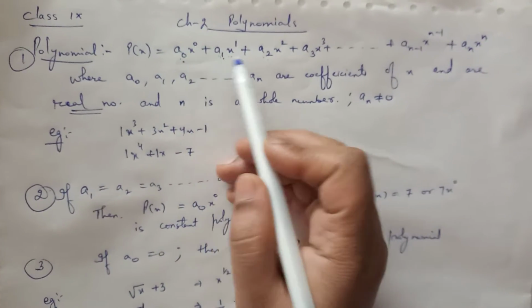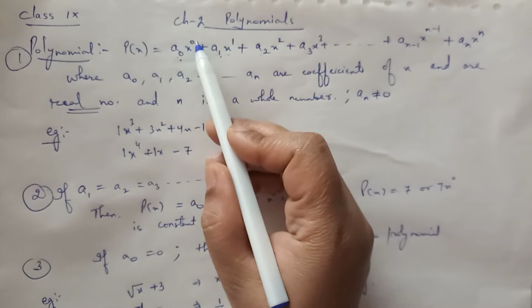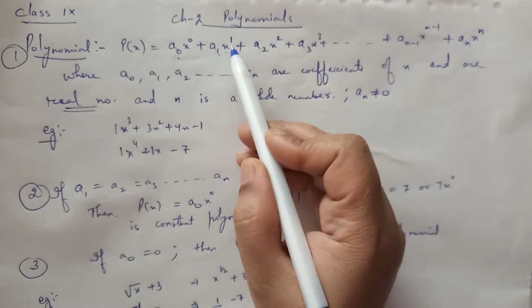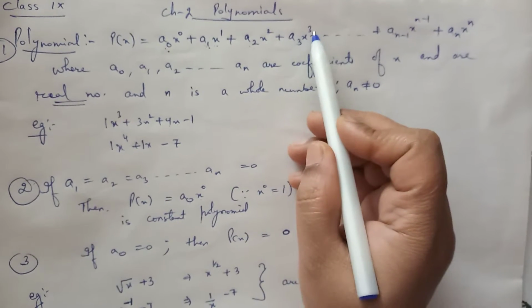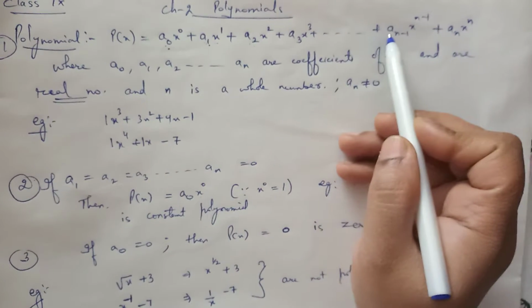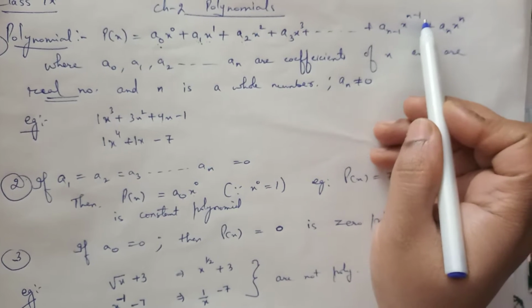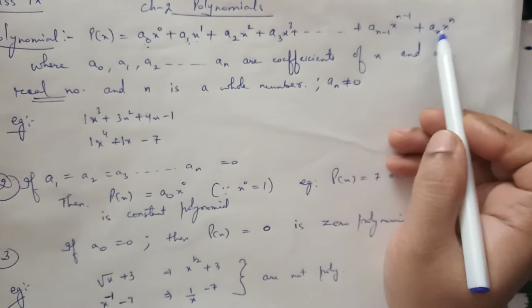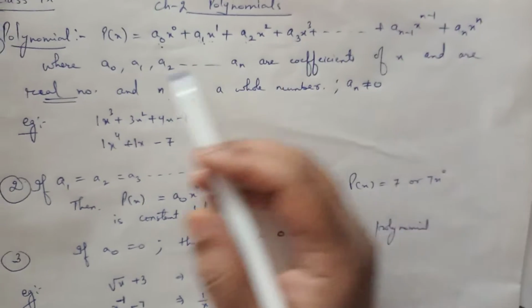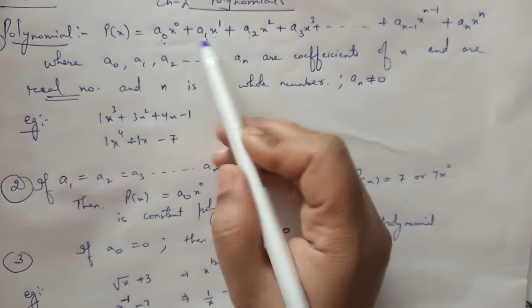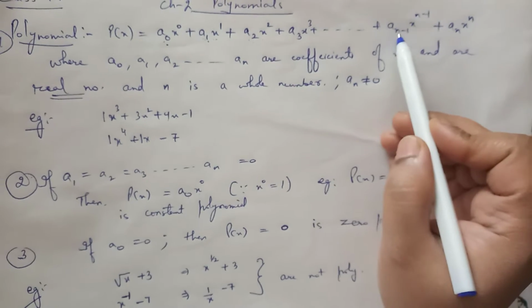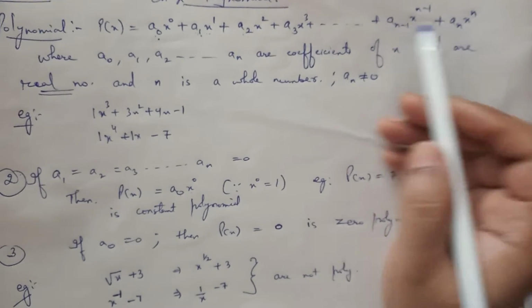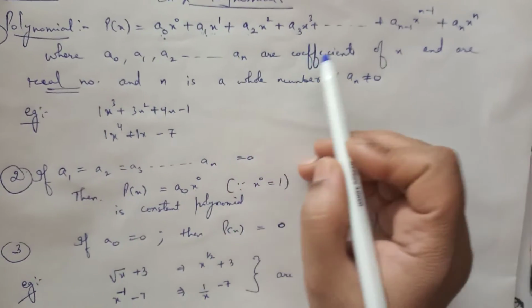Its general form I have given here: a0 x^0 plus a1 x^1 plus a2 x square plus a3 x cube plus and so on, a(n-1) x^(n-1) plus an x^n, where a0, a1, a2, a3, a(n-1), an, these all are the coefficients of x.